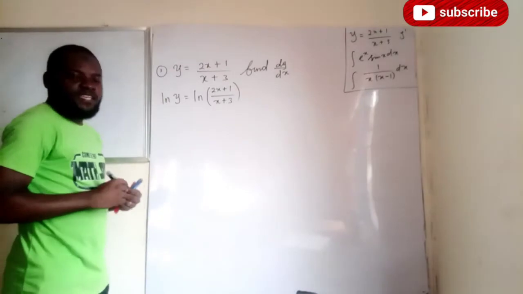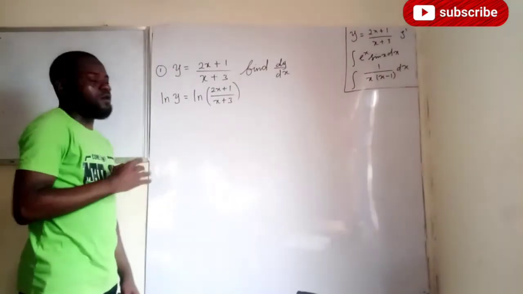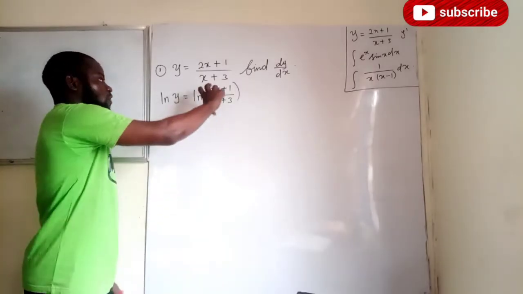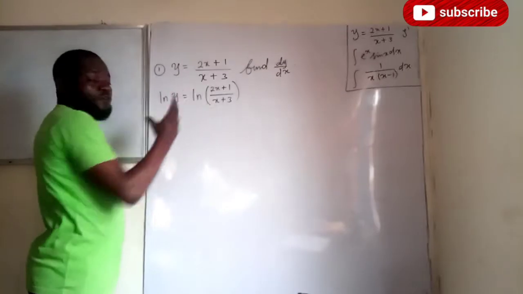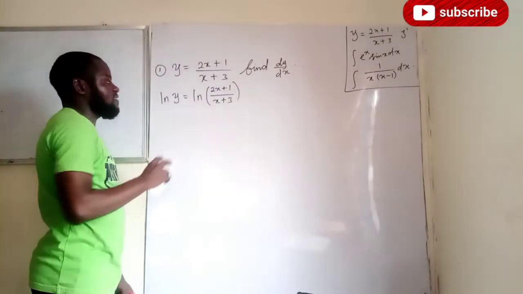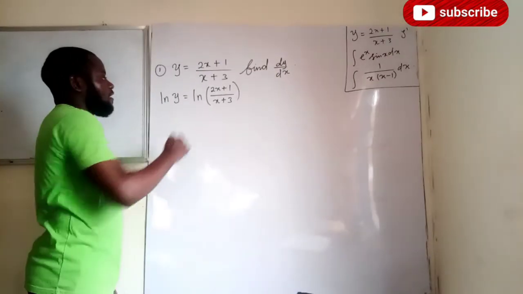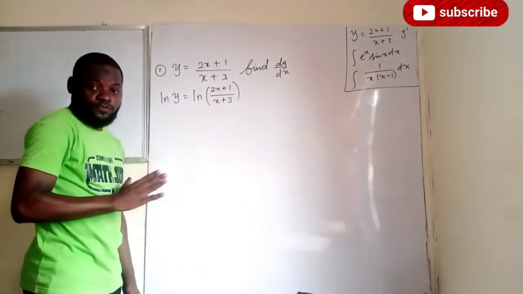Now, why am I taking ln of both sides? It's because it's very easy to solve a difference than a quotient. Are we together? So this is a rational function. In solving this rational function, it might be a bit tedious, and it's not that conducive. But if I change this to a difference, it becomes something simple, isn't it?